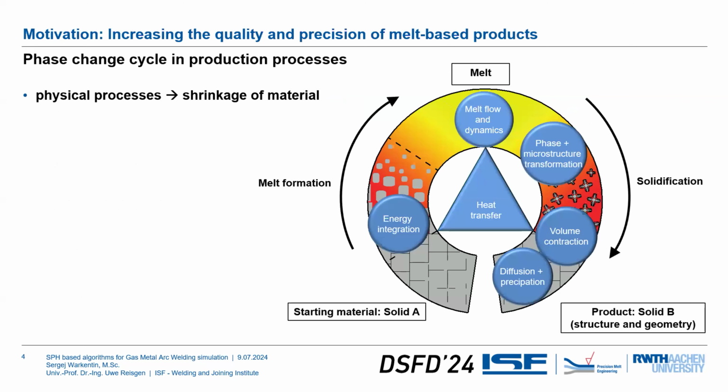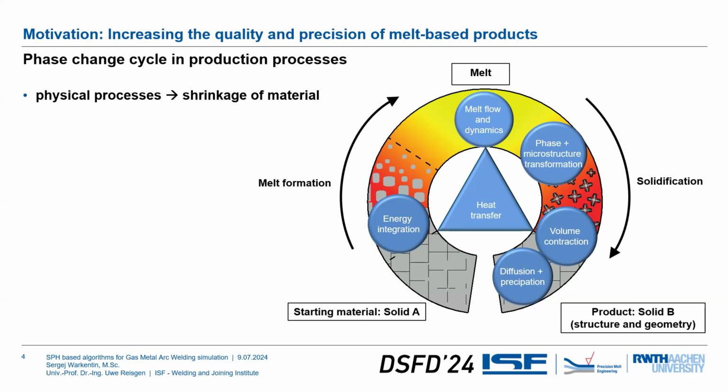Okay, let's start with the motivation. Since we are a production institute, we deal with melt-based products. Here you see the phase change cycle. The main problem of the cycle is that we start with a material of one kind, then we have the melt formation, the energy input into the material, and when we have formed our desired shape, after the solidification we get a product that is of another kind.